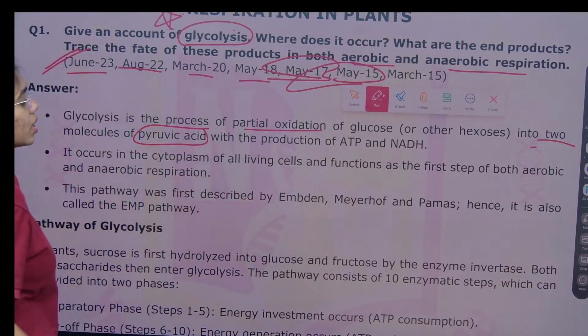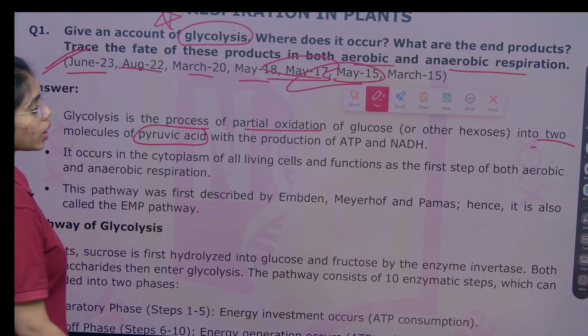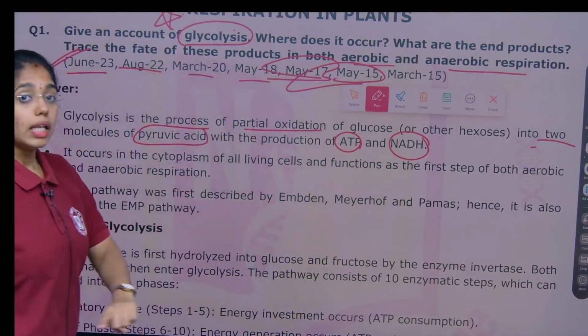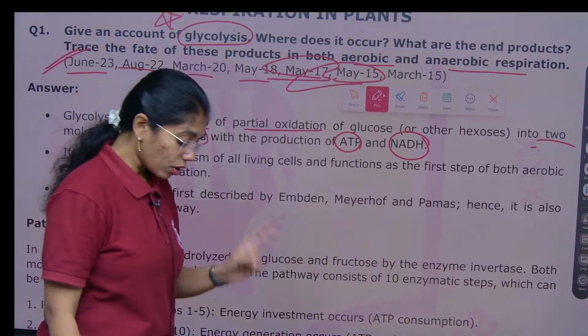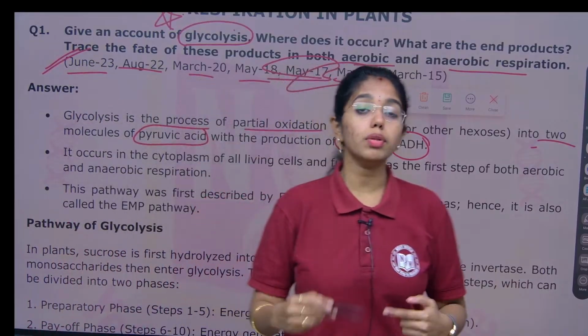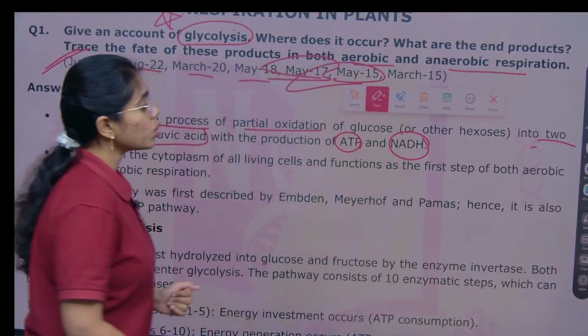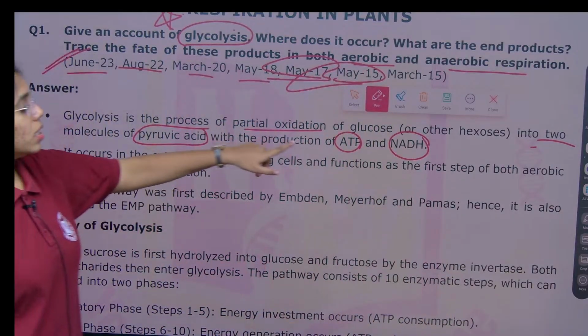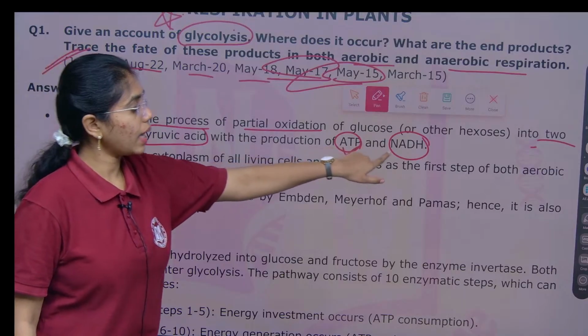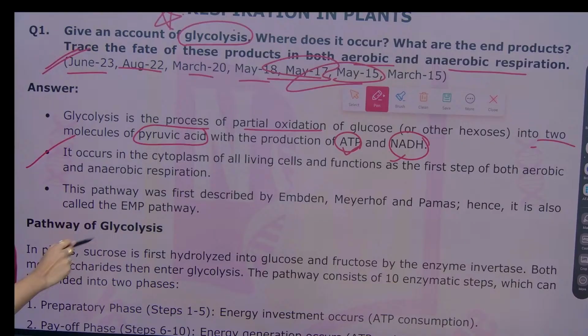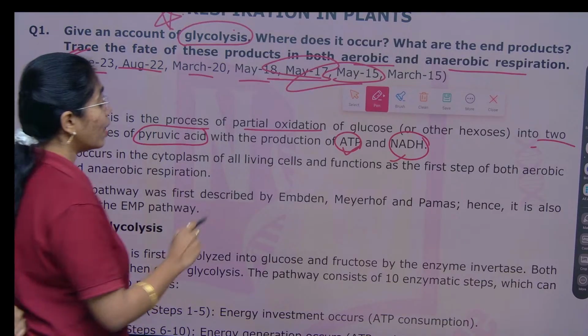You can also mention it as pyruvate, with the production of ATP and NADH. In cyclic and non-cyclic photophosphorylation, you will be using terms like NADPH. But here in glycolysis, you have to mention that it is the production of both ATP and NADH, not NADPH. It occurs in the cytoplasm of living cells.